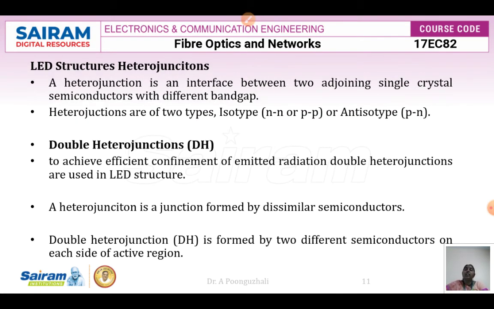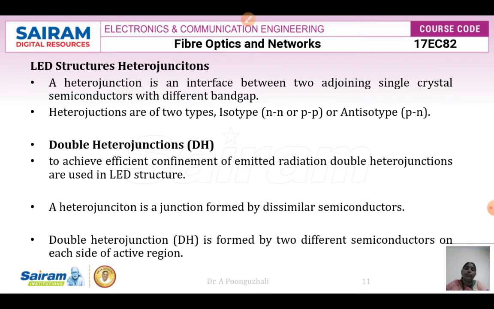In LED structures, we are going to use a heterojunction structure. A heterojunction structure is nothing but an interface between two adjoining single crystal semiconductors with different band gaps. Heterojunctions can be of two types, isotype or anisotype. Isotype means the two materials are of the same type, both N type or both P type.